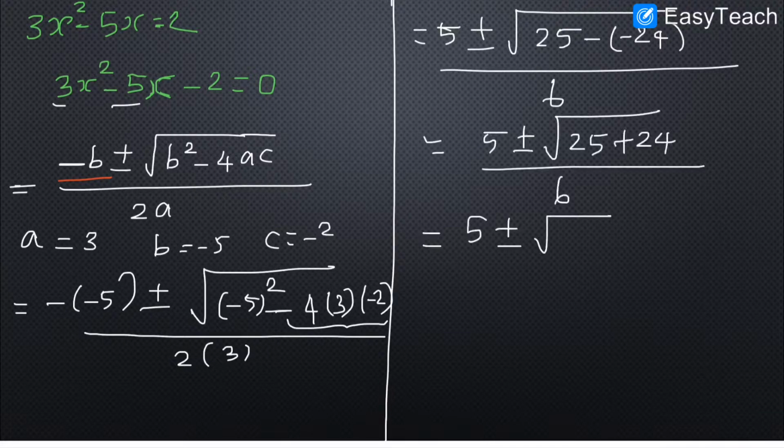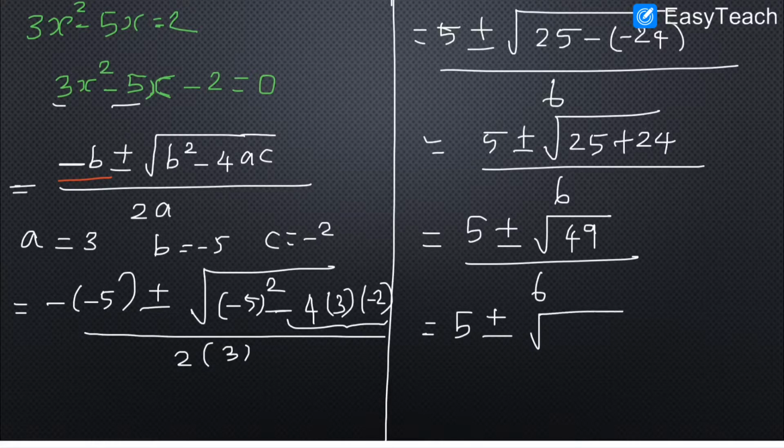The next step, here 25 plus 24 gives me 49, whole divided by 6. The next step, 5 plus or minus root, if you remove the root, let's split 49 as 7 into 7, whole divided by 6. Next step, 5 plus or minus, for 7 into 7 I take one 7 out, whole divided by 6.